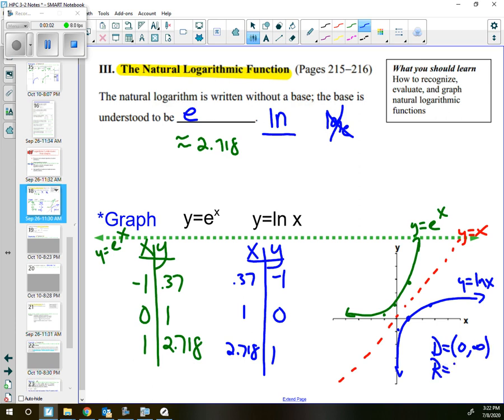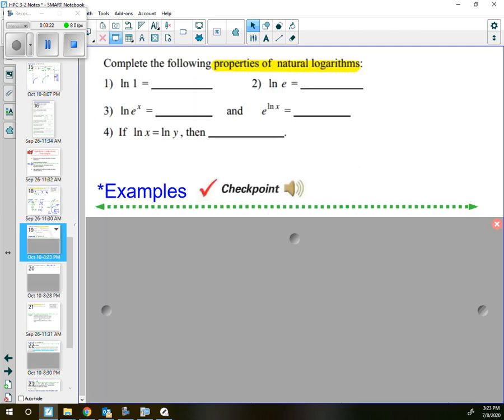The range is all reals, just like before. It has an x-intercept at the point (1, 0), and it has a vertical asymptote at the y-axis. So all those things we talked about for logarithms before are still true for ln, because it's just base e, which is a number, so it's the same sort of thing.